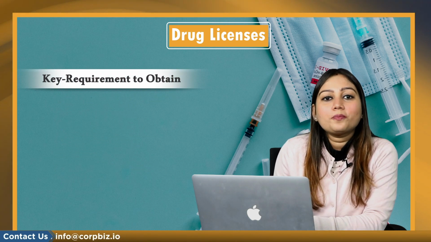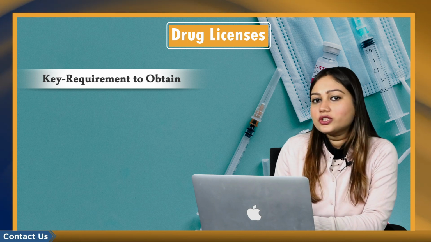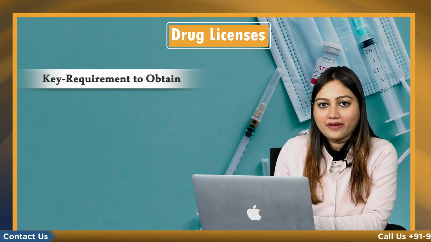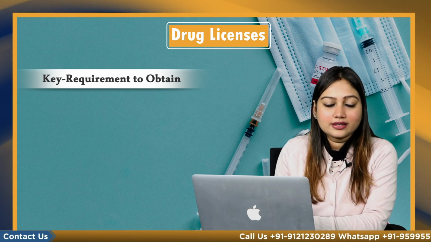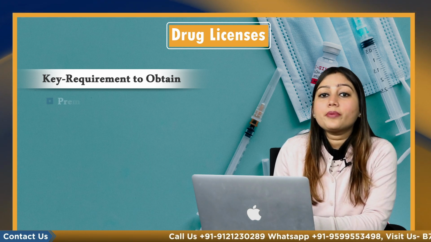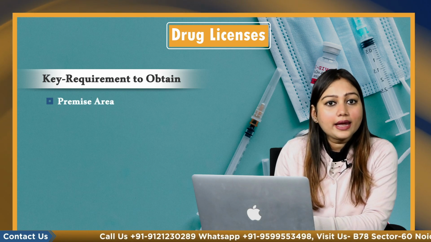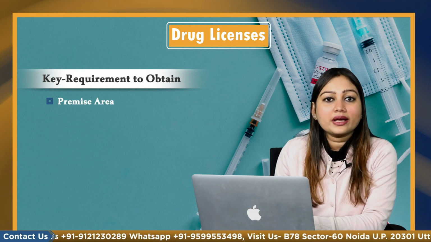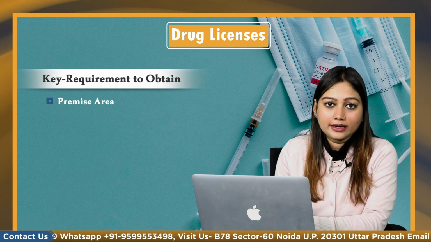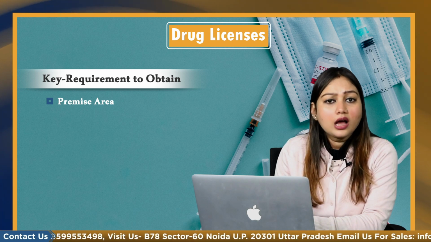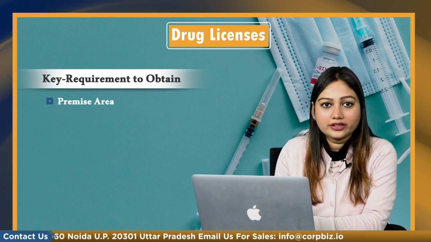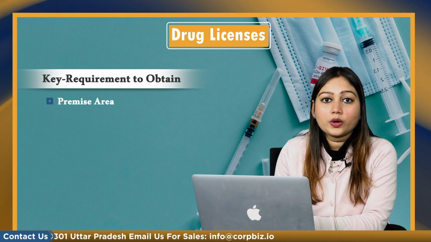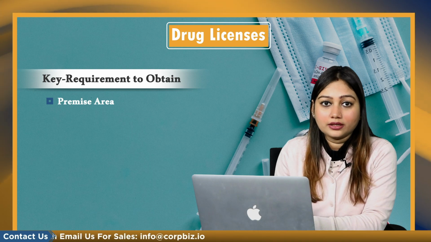Key requirements to obtain a drug license in India. Following are the key essential factors to be kept in mind before applying for the drug license. The number one among them is the premises area. A minimum area of 10 square meters is required for setting up a medical shop or retail pharmacy. However, if they are operating a wholesale business along with retail, the minimum area required shall be 15 square meters.